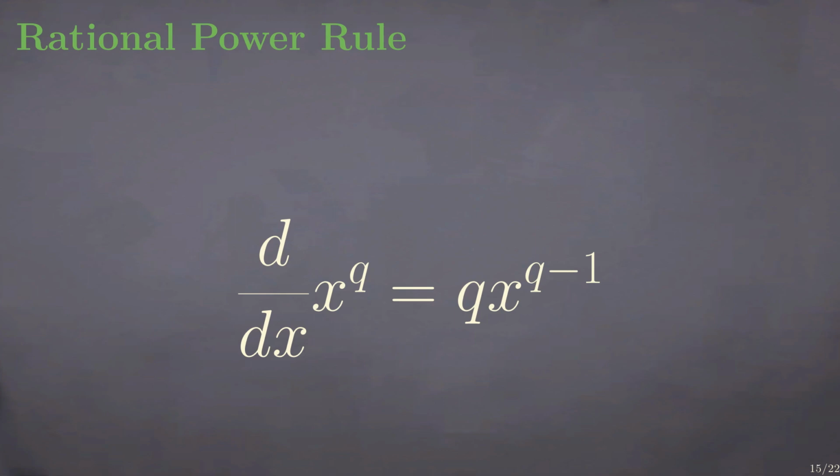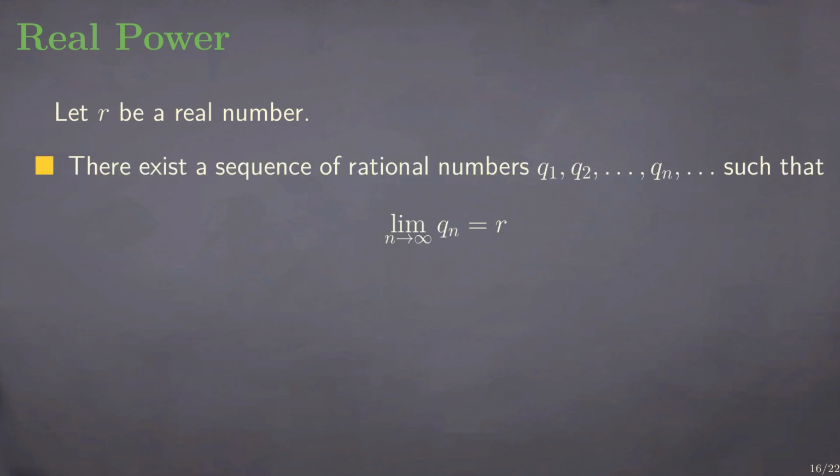Okay, so if we want to extend this rule to real numbers, we need first to decide what is x to the power r, where r is a real number. Note that for any number r, there is a sequence of rational numbers such that the limit of that sequence is actually r.